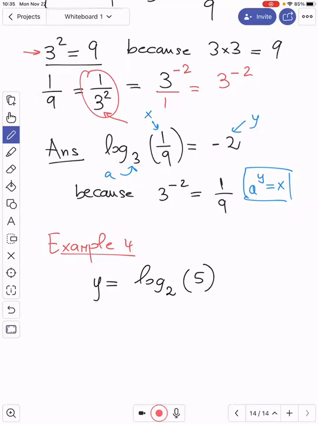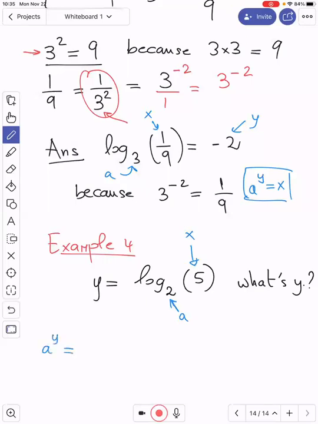Okay, and we want to compute this y, right? So the question is, what's y? This is less obvious, because in this case, this is supposed to be your a, this is supposed to be your x, and then we're supposed to have a to the power y.